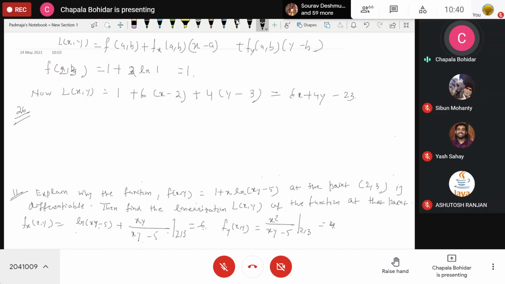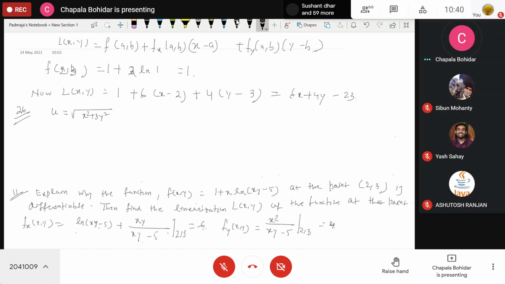Find the differential of the function u is equal to root over of x square plus 3y square.